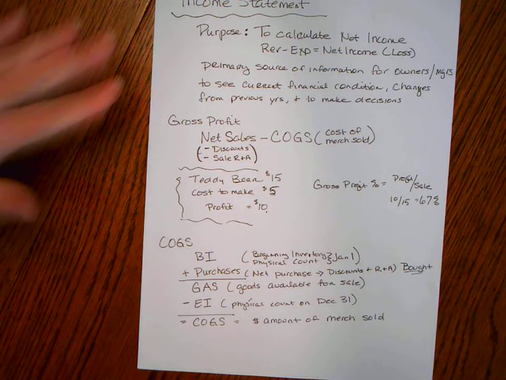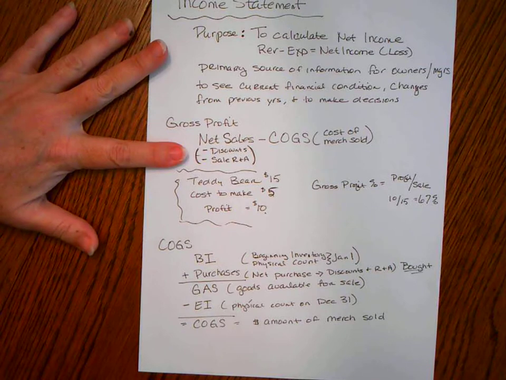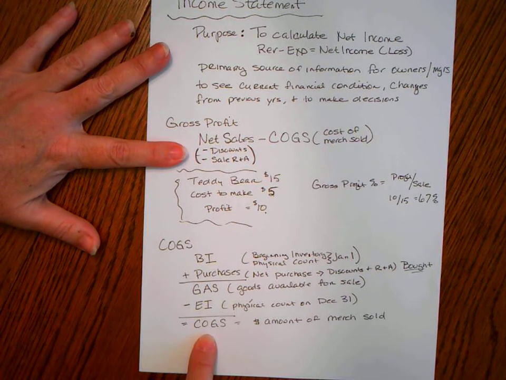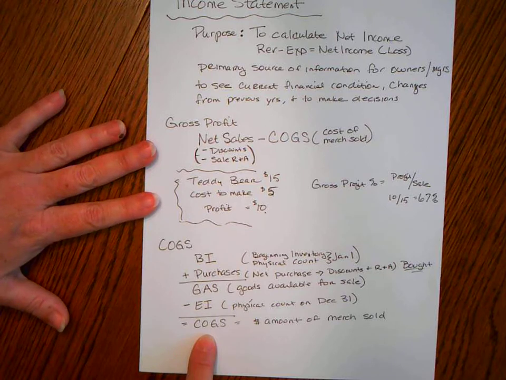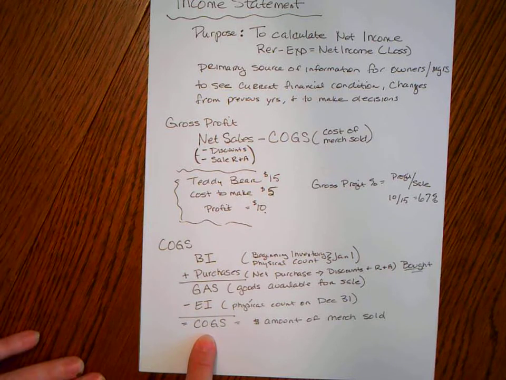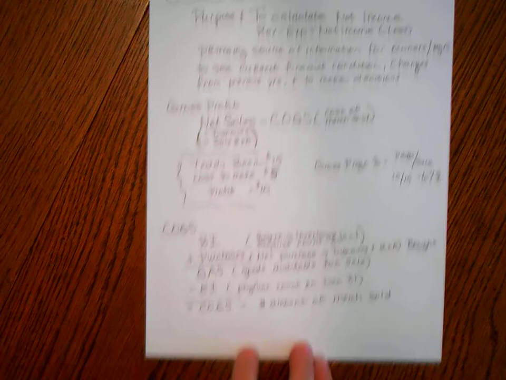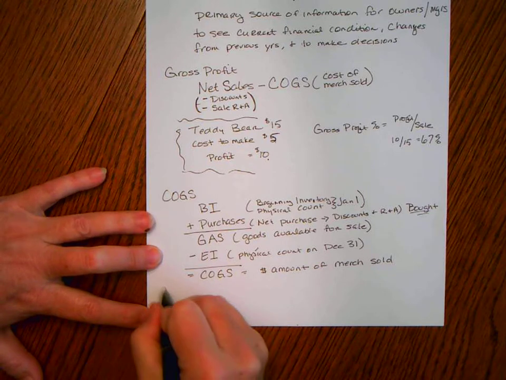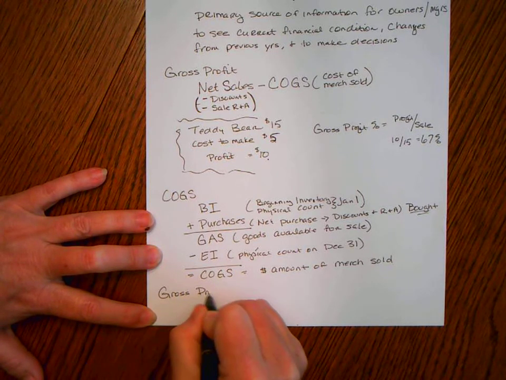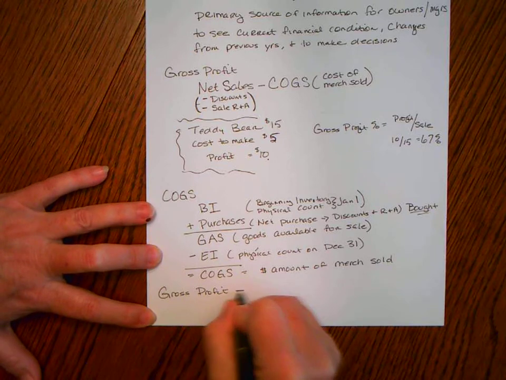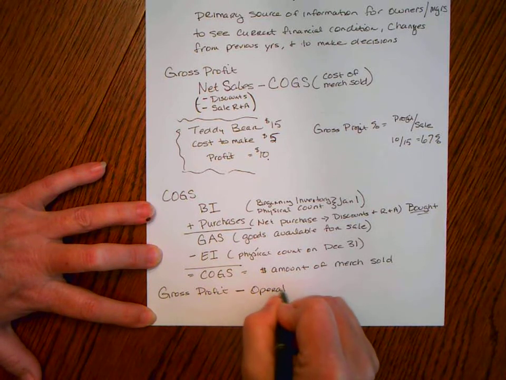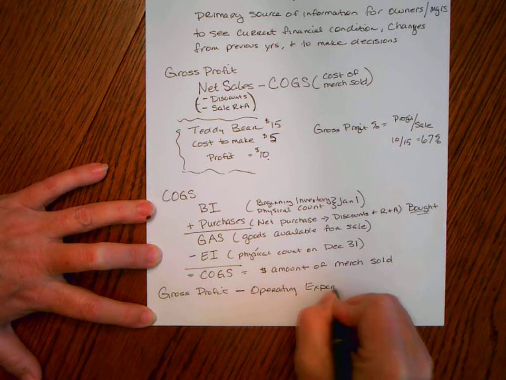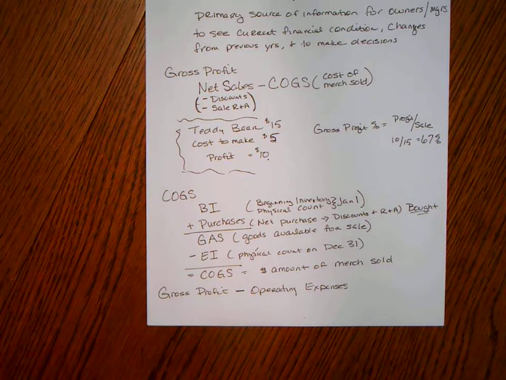So now, if you know your sales and you know the cost of the goods that you sold, you can figure out what your profit is. Then we take our gross profit, minus your operating expenses. These are those expenses like supplies expense, insurance expense, utilities expense, rent expense, payroll expense.